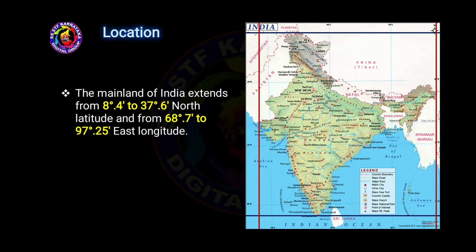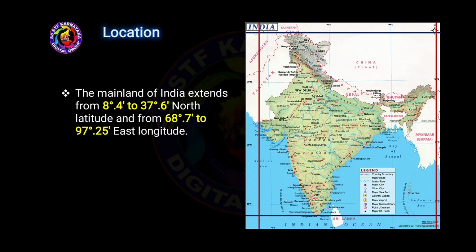So this is 8 degree 4 minutes north latitude, and this is 37 degree 6 minutes north latitude, and this is 68 degree 7 minutes east longitude, and this is 97 degree 25 minutes east longitude.